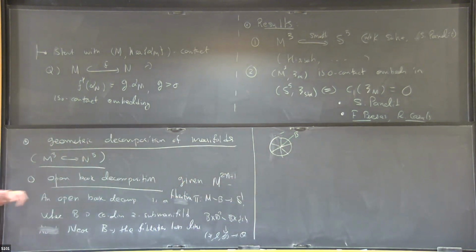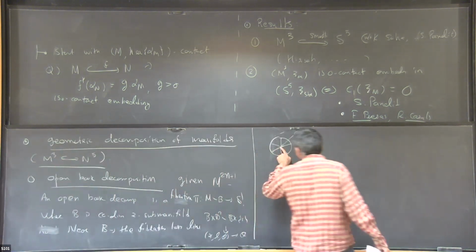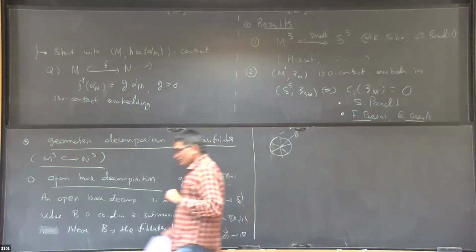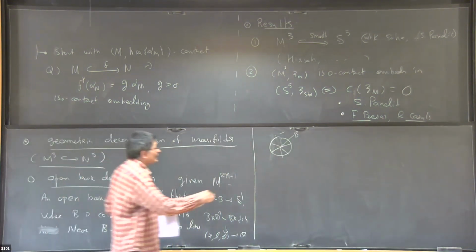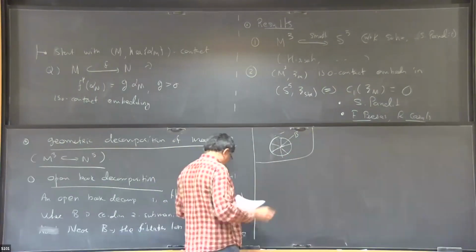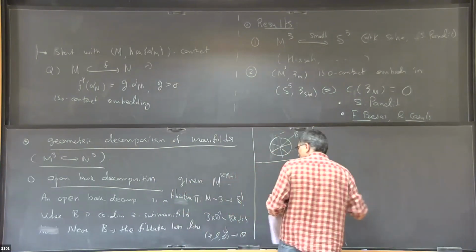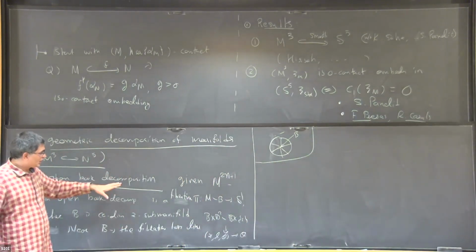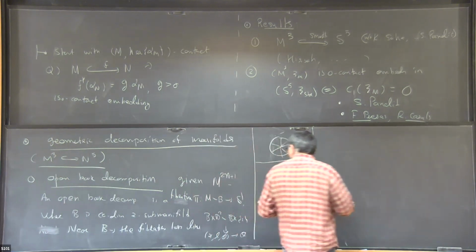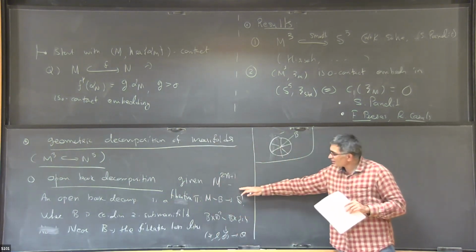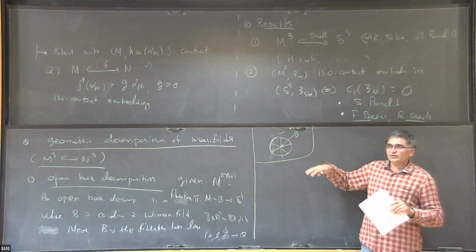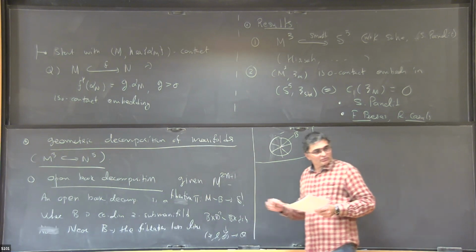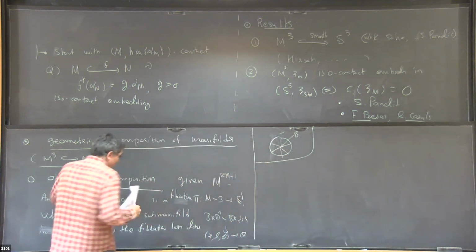Each fiber has common boundary, namely your B. So the fibration is defined in the complement. Now given a contact manifold, there is an associated open book decomposition. That means a contact form is carried by an open book. I'm not going to define that precisely because I don't have time.